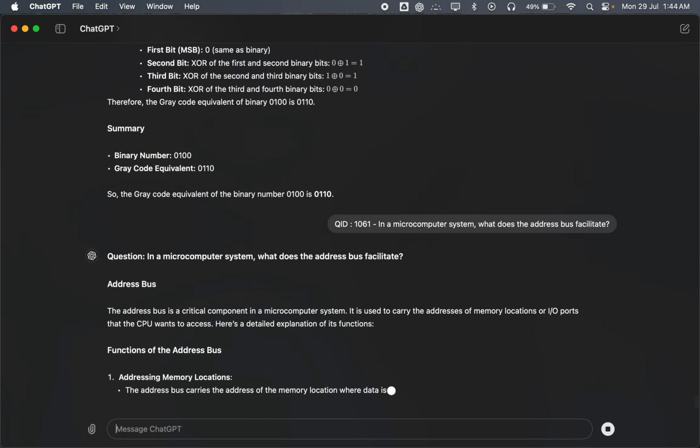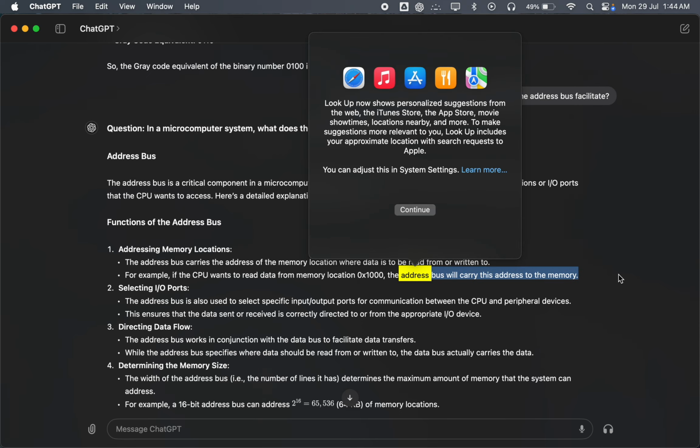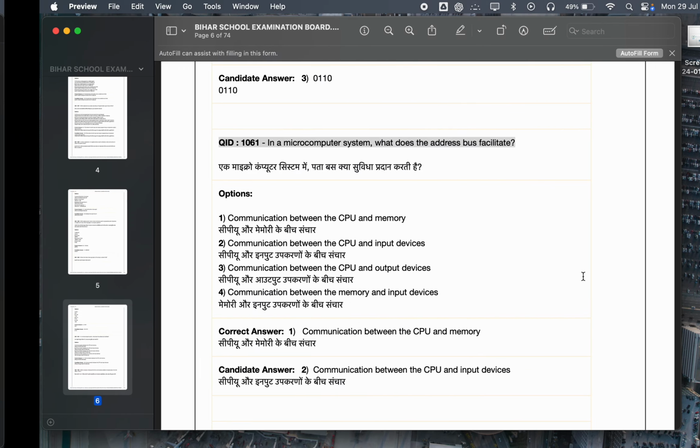The correct answer is to get access to the memory from the CPU. Addressing memory location means the address bus carries the address of the memory location where data is to be read from or written to. For example, if the CPU wants to read data from a memory location, the address bus will carry this address to the memory.